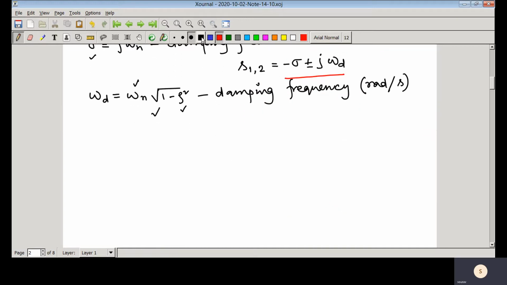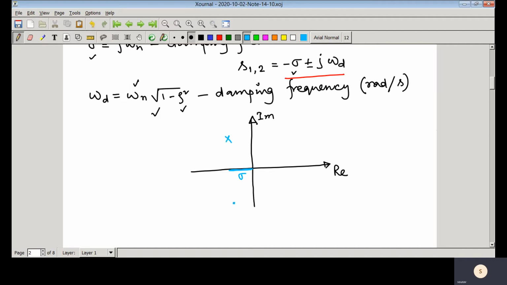If we plot these two poles in the complex plane, with the real part on this axis and the imaginary part on this one, then one is at minus sigma, on the left hand side, the negative side, plus minus j.